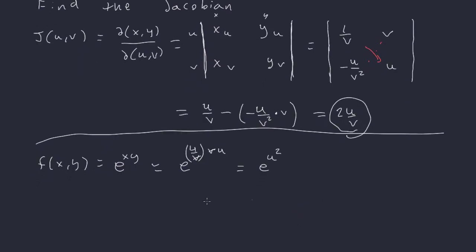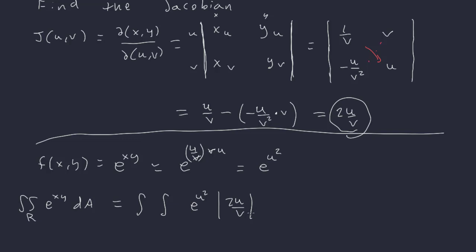So the double integral over R of e to the xy dA is going to be the double integral of e to the u squared times the absolute value of 2u over v, and we can choose whether we want to do dv du or du dv simply because we have a rectangular region.